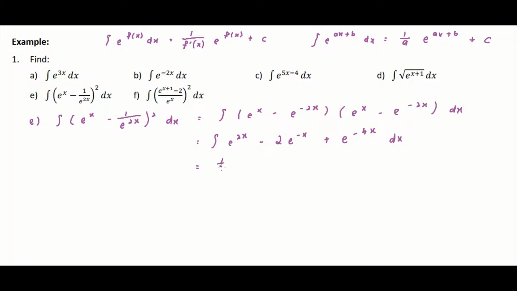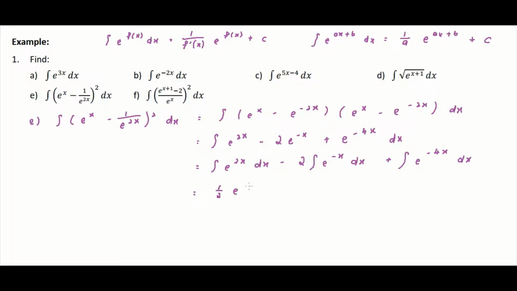So 1/2, if you want, you can always write it in such a way that integrate e^(2x) dx minus 2 integrate e^(-x) dx plus integrate e^(-4x) dx. This is what you can try to do if you want, but there's no problem if you skip straight from this step to the last step, as long as you understand what you are doing.